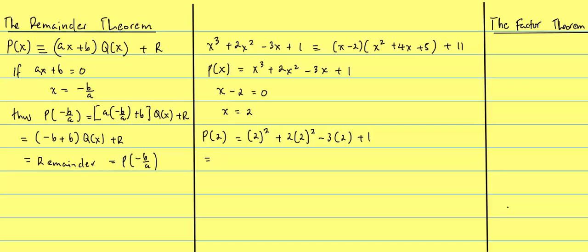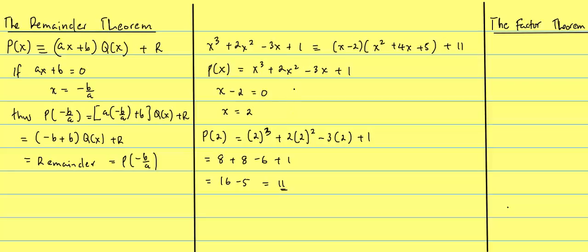Simplifying this will give us 8 plus 8 minus 6 plus 1, which will then be 16 minus 5, which is equal to 11. And you can see that this is the same remainder that we found when we divided the polynomial using the identities.